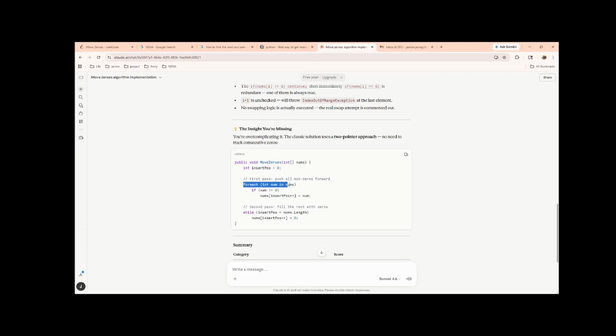For each number in numbers, if they are not 0, then the numbers array at the insert position gets incremented.